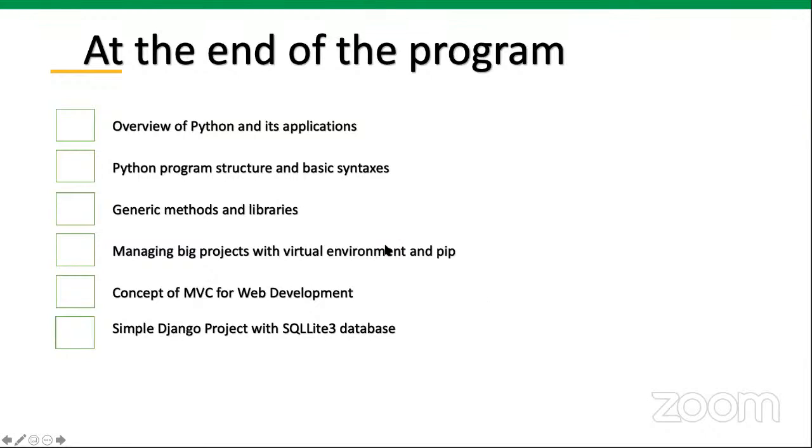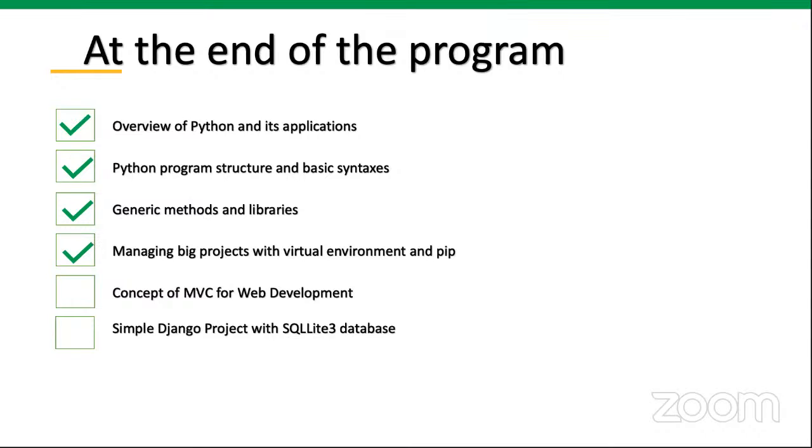So we covered the overview of Python and its applications. We've seen the basic Python structures and the syntax. We have seen how to write a generic function and how to use the inbuilt libraries. We have seen how to use a virtual environment and the pip package manager to organize the imports.